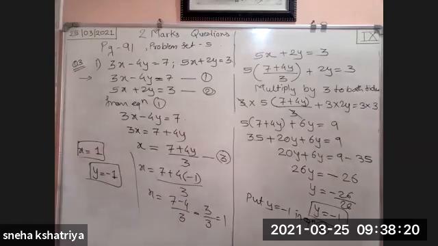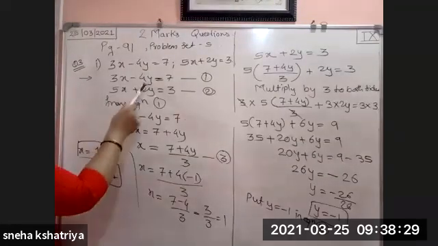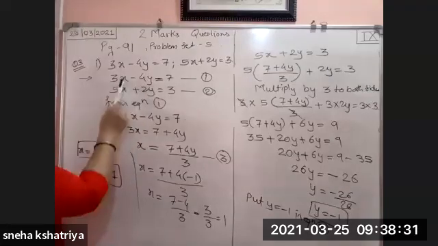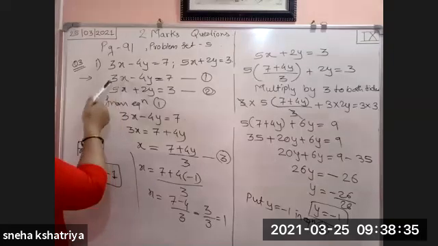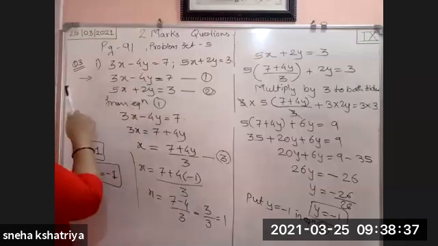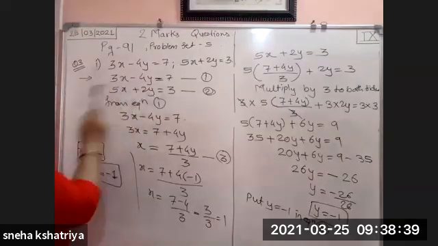So in this way, you have to solve the examples of equating coefficients. How are we going to equate the coefficients? Now see here. In this example, neither x nor y was single. Here x had 3, multiplied y had 4, x had 5, y had 2.